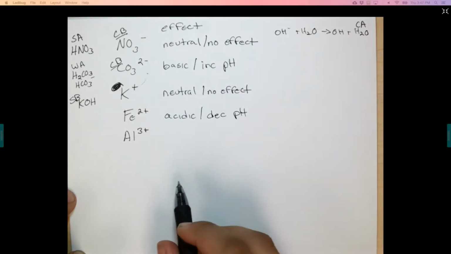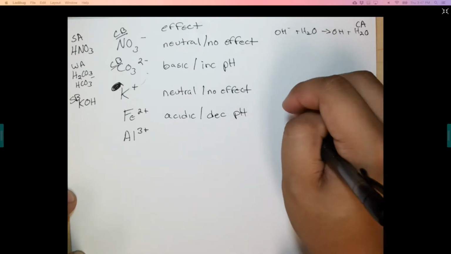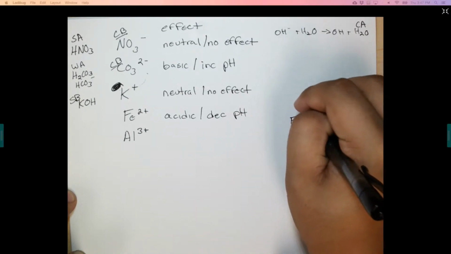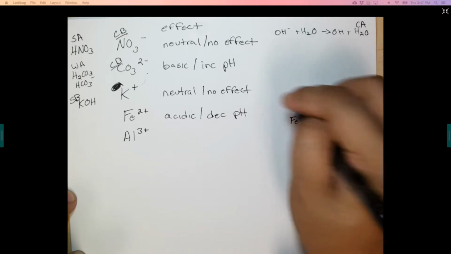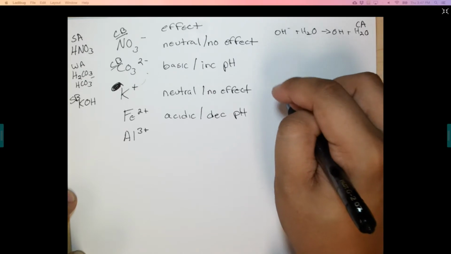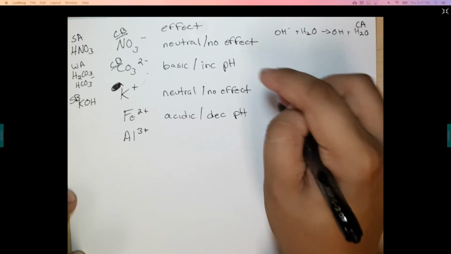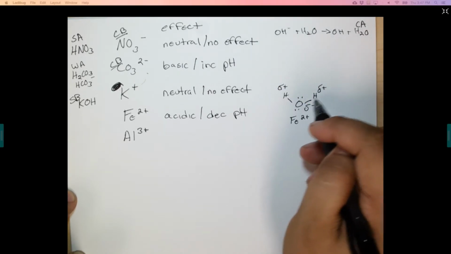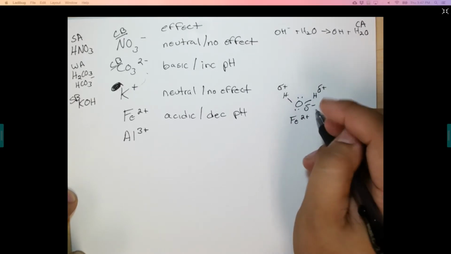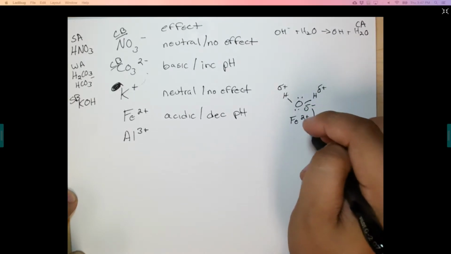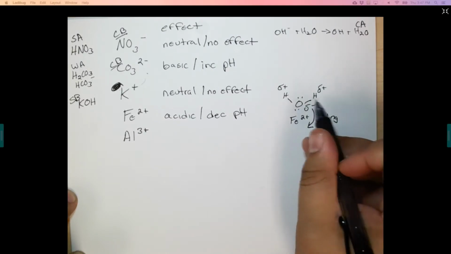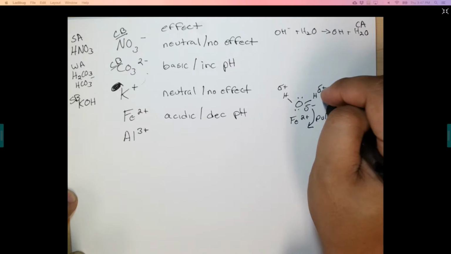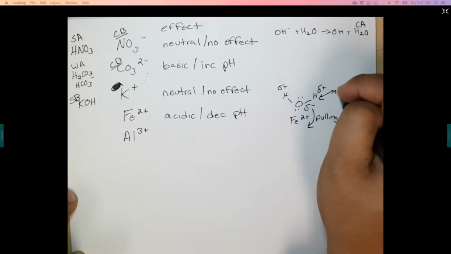And remember, we talked about how that occurs, right? We talked about iron 2 plus having an interaction with the electron density of the water molecule, which is already polar, and we see that we end up with partial positive charges on the hydrogen already, and the iron is pulling that electron density towards itself and making this more acidic.